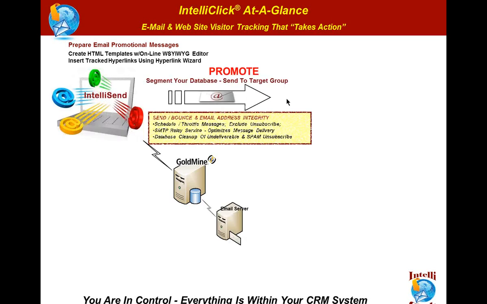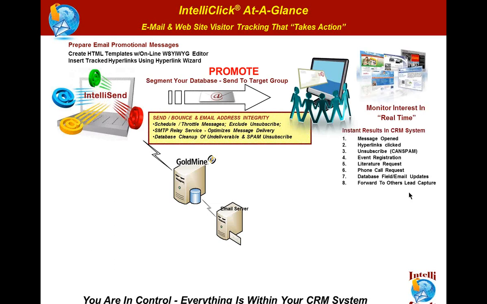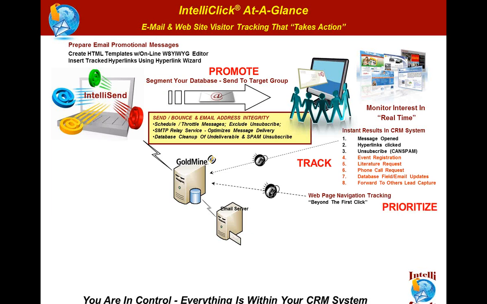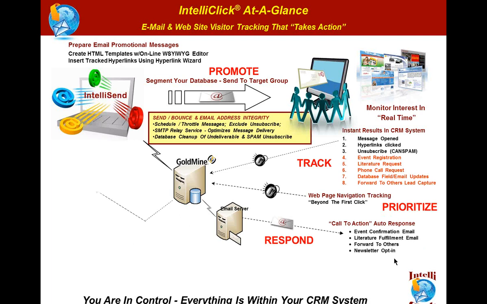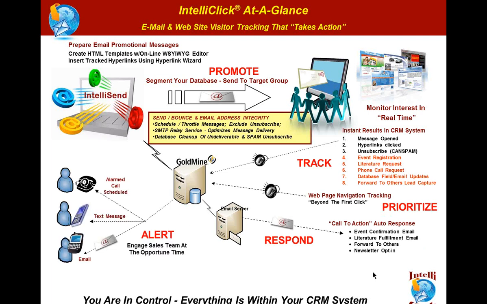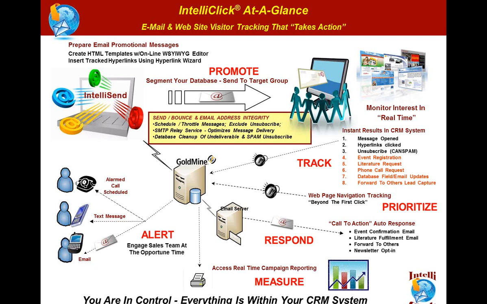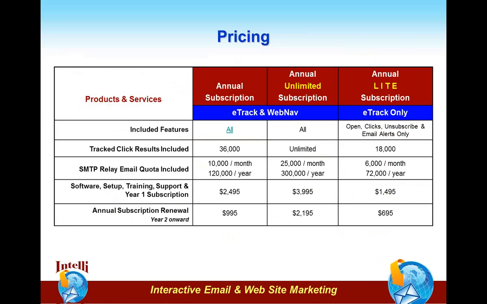You're going to send to your group with IntelliSend. You're going to track in real time. You get your website navigation tracking, all of the alerts and autoresponders. Those are the bundled landing pages we talked about with your logo dropped in, and the bundled reporting and dashboarding. So I'll move along onto pricing.